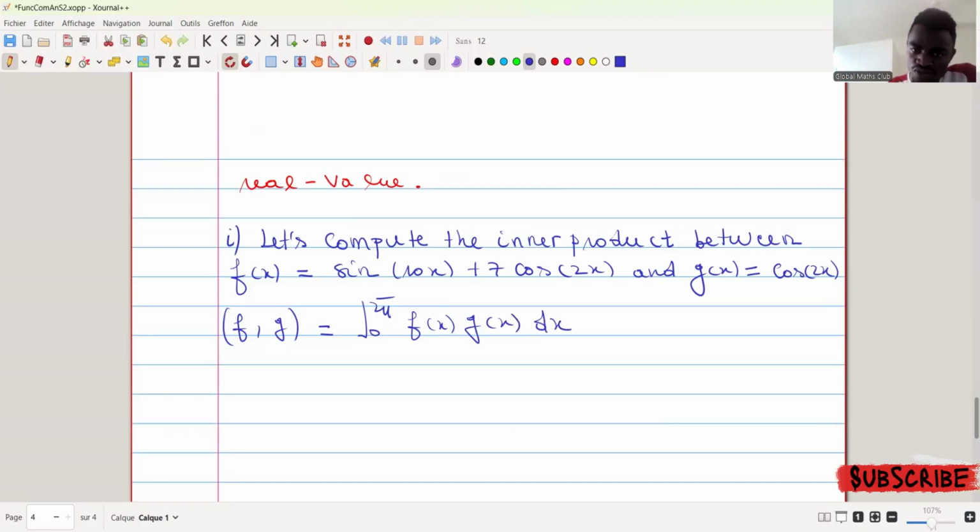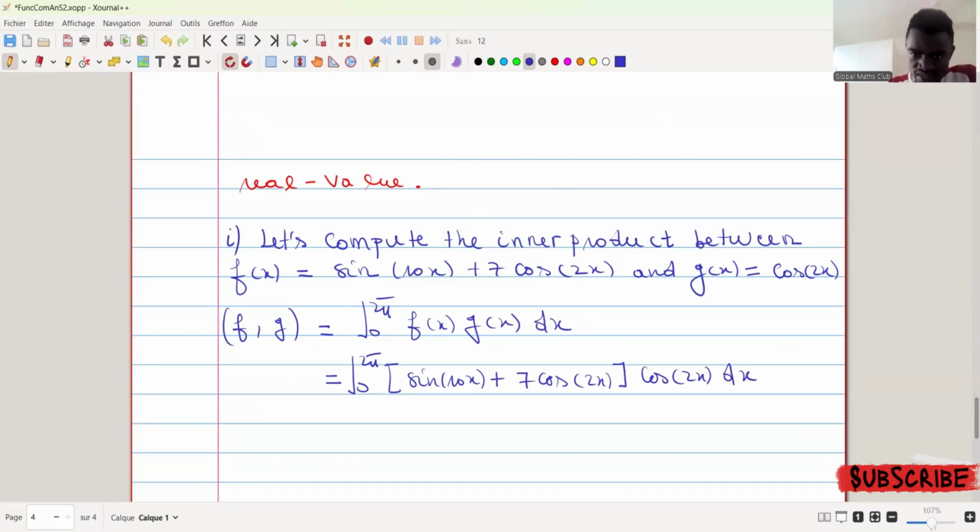We are not putting any conjugate on g because we don't have complex values. Now you have to replace. So when we replace, we have sine 10x plus 7 cosine 2x times cosine of 2x dx.